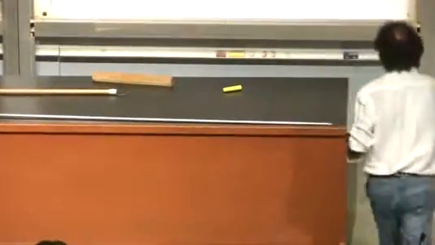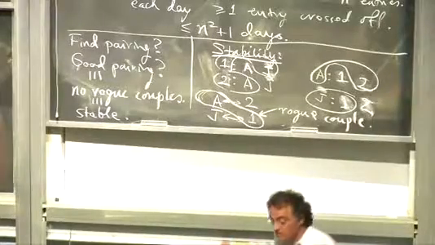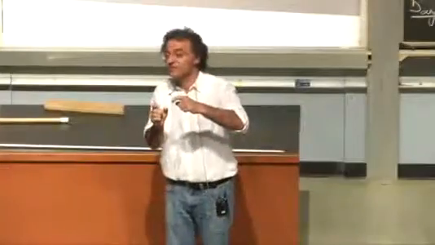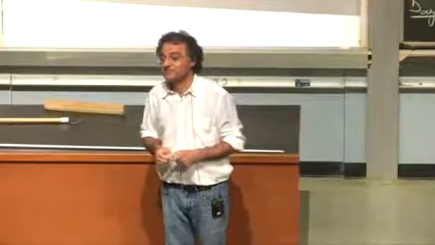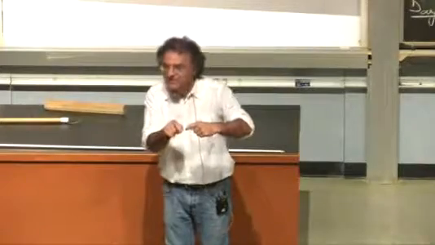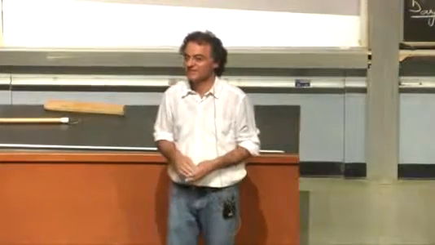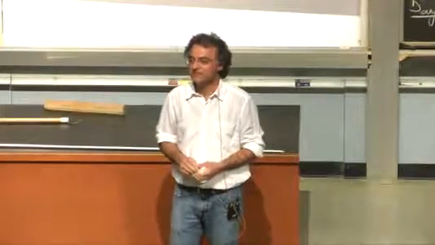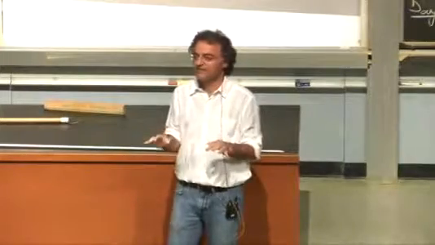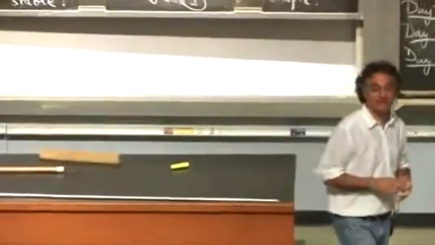Stability doesn't mean everybody gets their first choice. Stability just means no pair has an incentive to elope. There's no pair who are saying to each other, "I'm really unhappy here, but won't it be great?" and they get together. So that just won't happen. That's the only thing we are guaranteeing, but that's a very important thing.